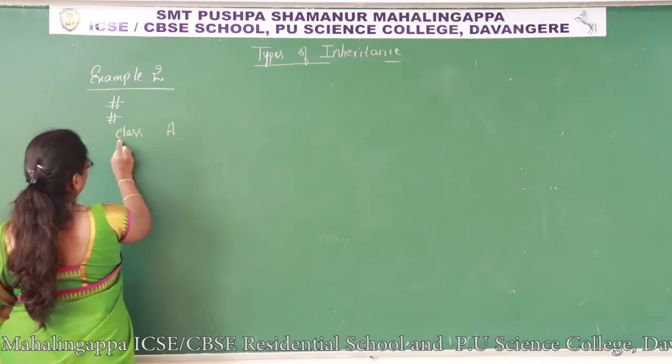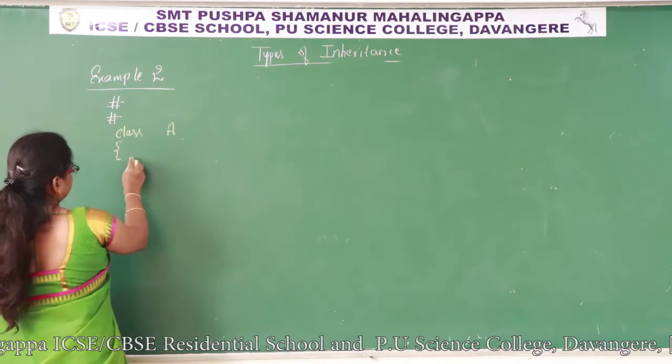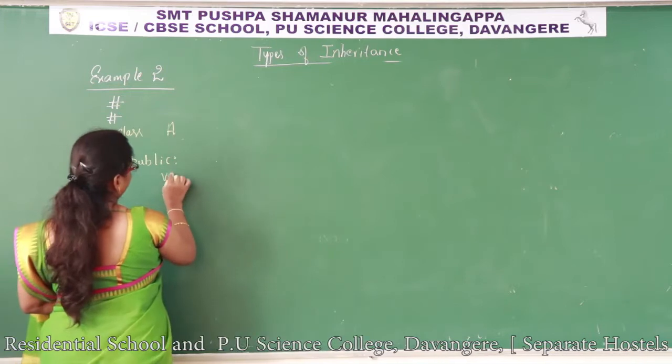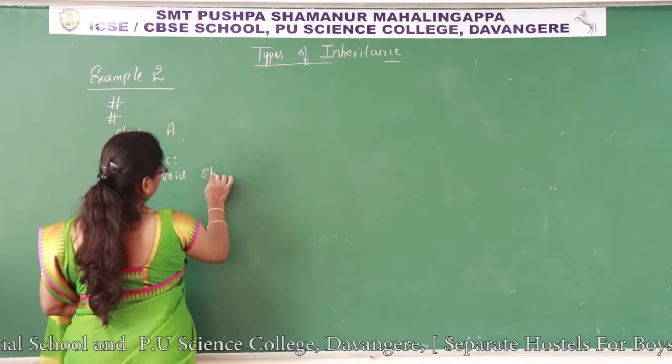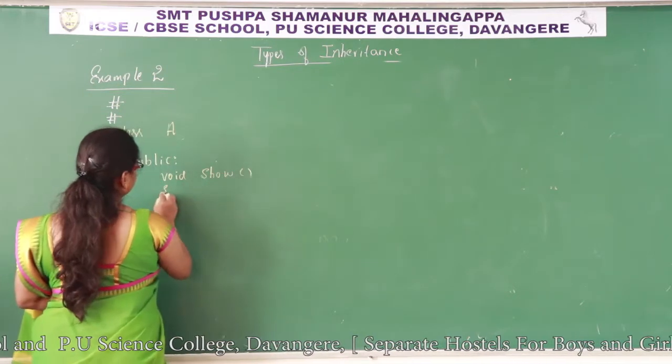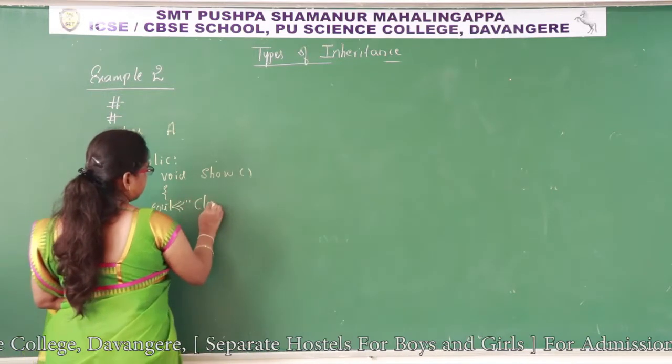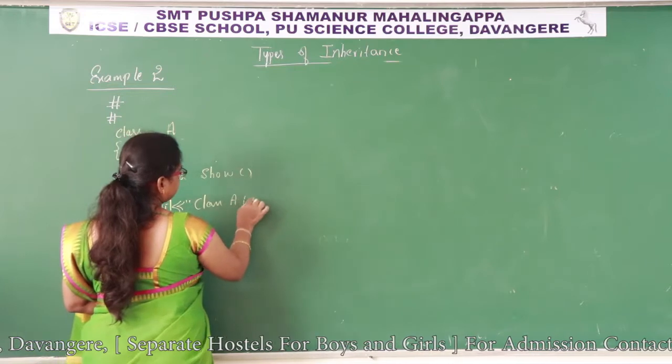Class A, public, void show, cout. Class A is the base class.